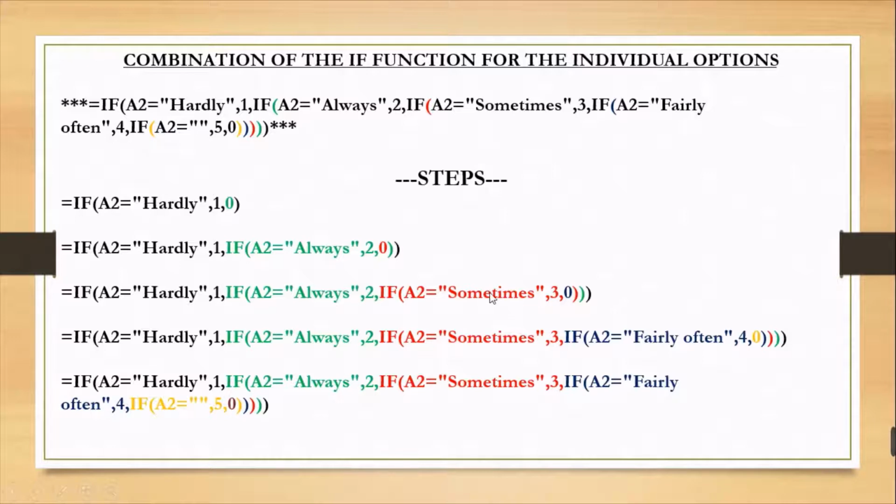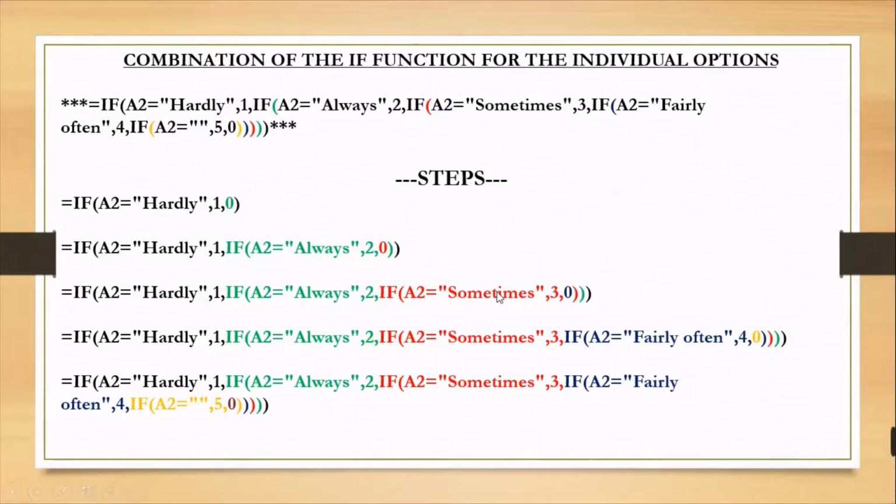Is A2 equals sometimes? If yes, put a 3. If no, put a 0. And please notice that for every new question it asks, there's a closing bracket to it. You can see that the initial one has 1 closing bracket. This one now has 2, because you can see the starting of this green and the ending of the green.